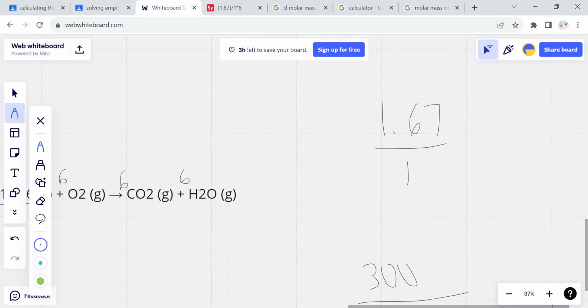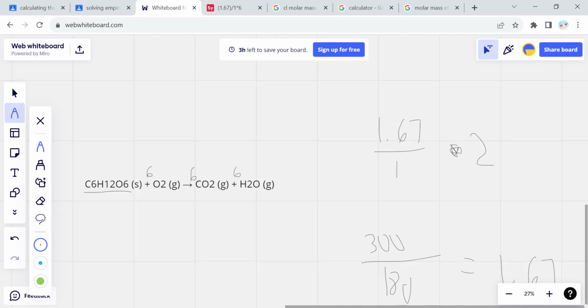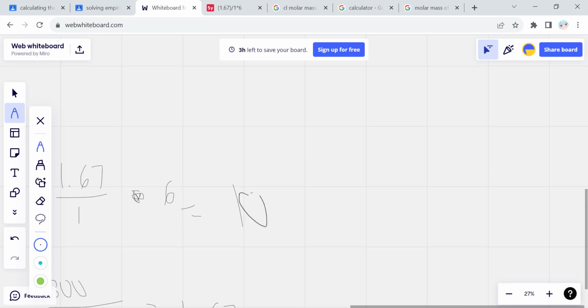10.02, the answer should be. Oh, wait, no. So times 2, since 2 is the. I know, 6. Why do I keep saying 2? So yeah, 6. Here we go. We should get 10.02 moles.